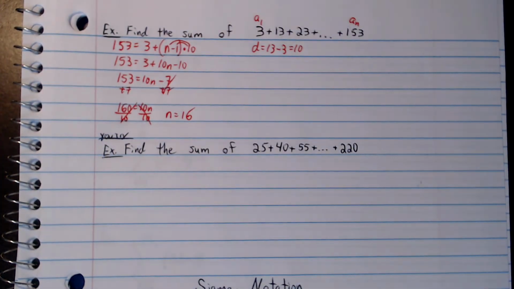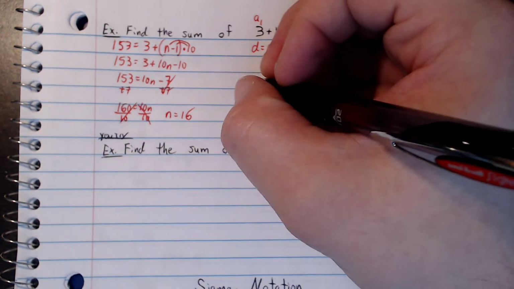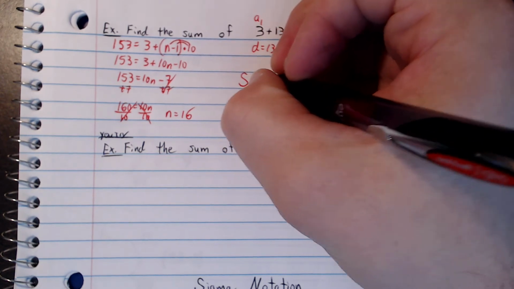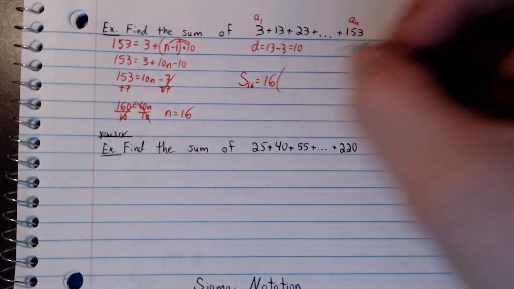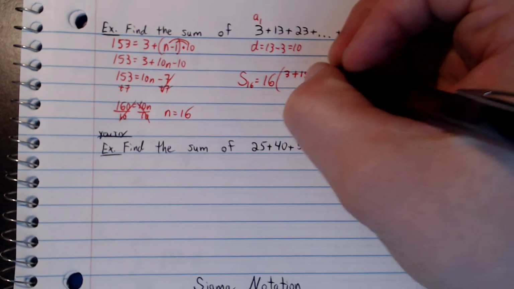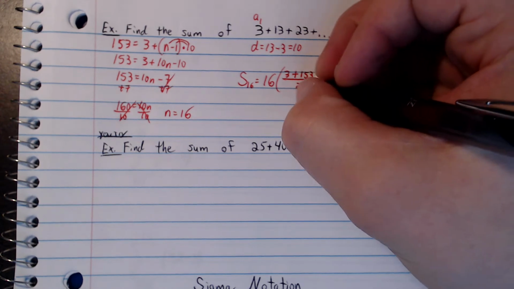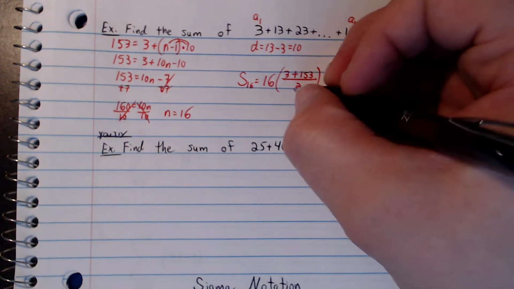So it turns out that this is the 16th term in this series. What we want to know is, what does this all add up to? So our n value 16 times a1 plus an divided by 2. Again, I can simplify some of this stuff pretty quickly.